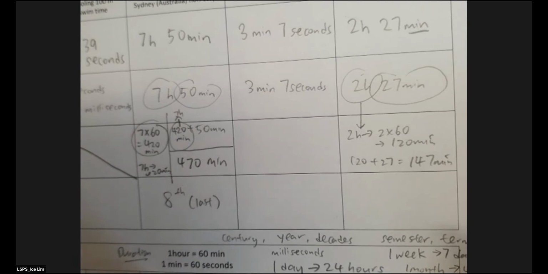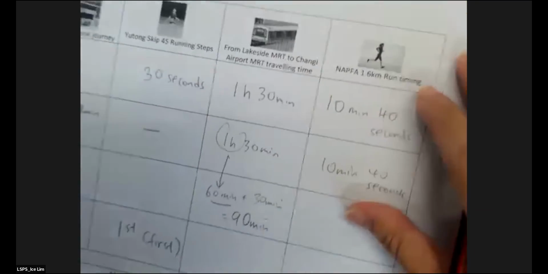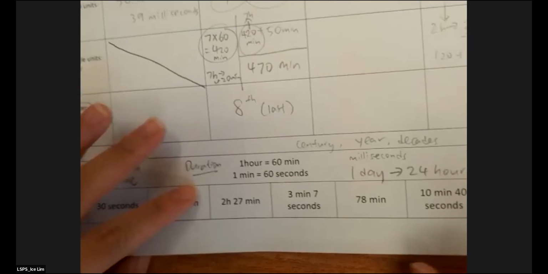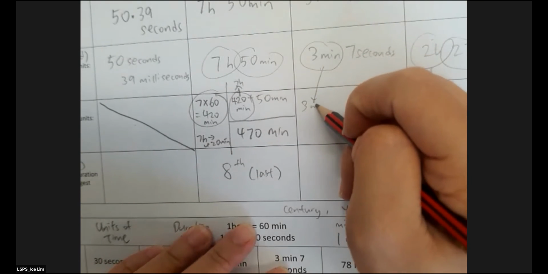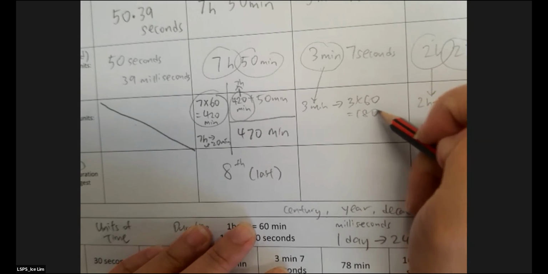In this case, we also have the minutes part. We already know 1 minute is how many seconds? Over here, I've already written down: 1 minute is 60 seconds. So 3 minutes is 3 times 60, 180 seconds.